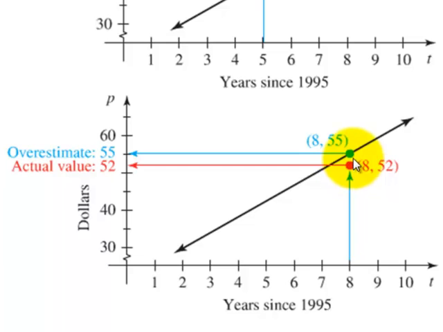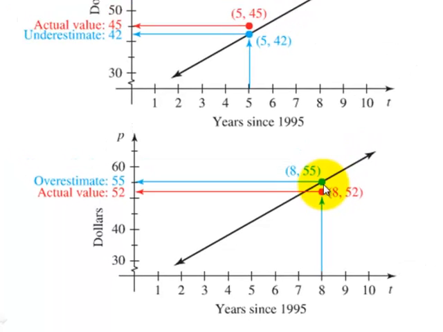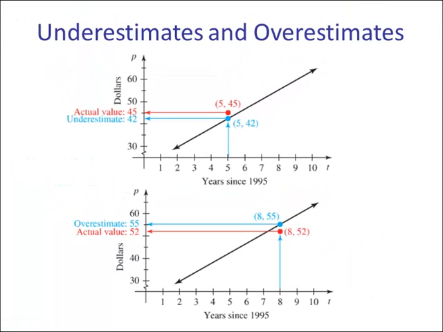So since the line is above the actual data point, this is an overestimate. So if the line is above the actual data point, it's an overestimate. If the line is below an actual data point, it's an underestimate.